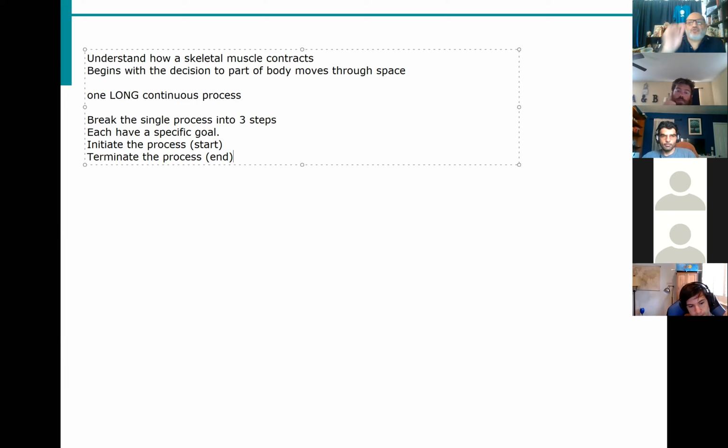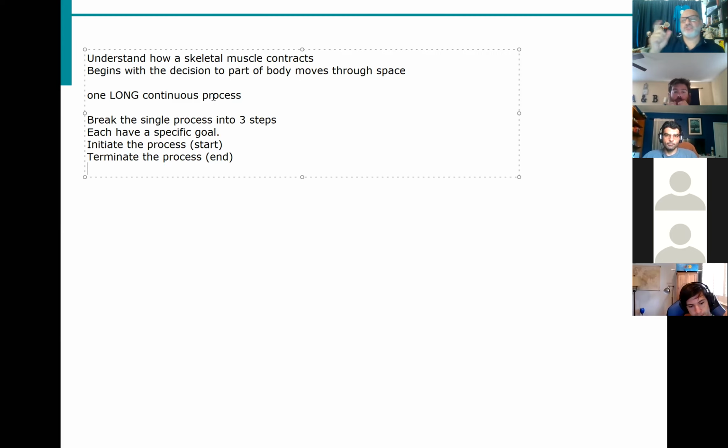And if we truly understand how a process works, as we've talked about many times, one of the reasons we study how the body works is so that we're able to manipulate it to our advantage. We can learn how these processes work, and then by understanding it, we can use it to improve our lives.